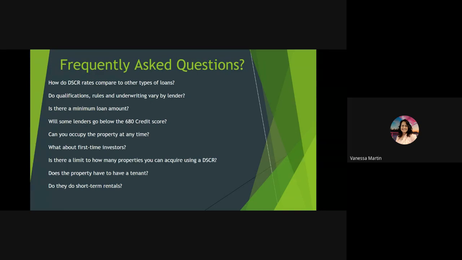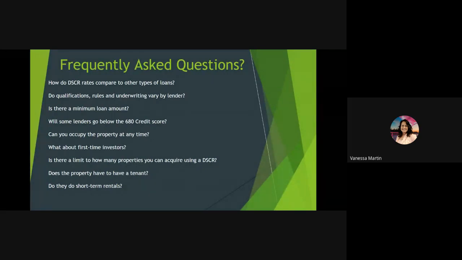If you were to do the same thing under conventional, they're only going to give you a percentage of that rental income, because they're taking all of that information from your Schedule E or your Schedule C on your tax return. So they calculate a little bit differently with conventional loans, and they don't really give you the entire rental amount. So that's something to keep in mind.